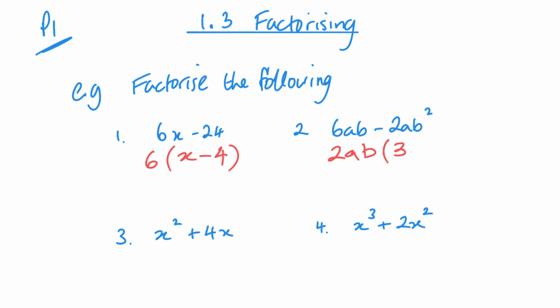And that's it, because 2AB now multiplied by 3 is the 6AB. And then looking at the second one, we've taken the 2 out, an A out, a B out, so we're only left with 1B.